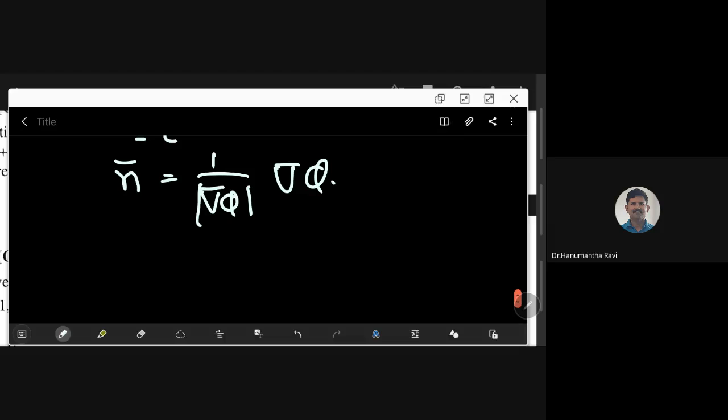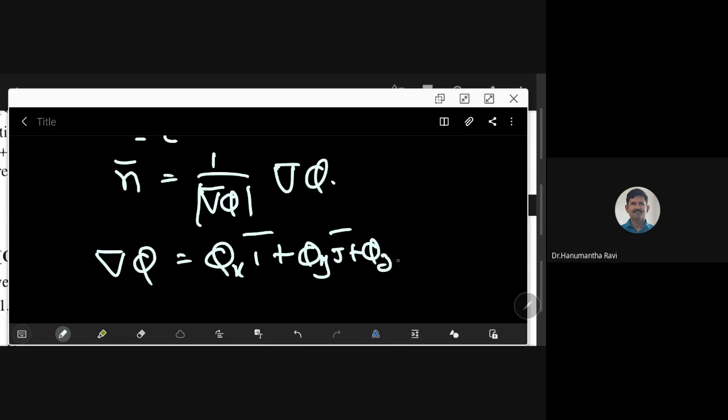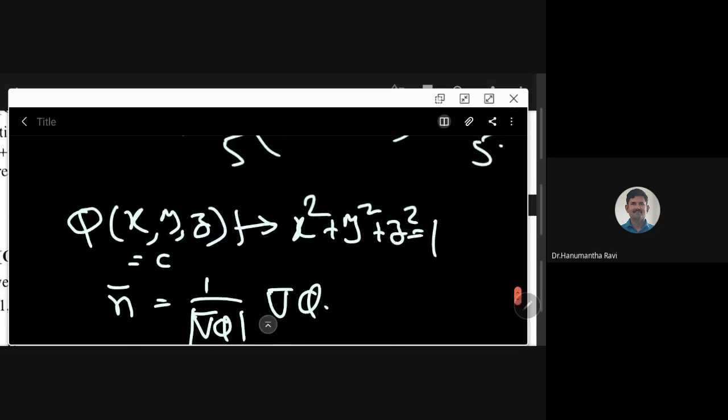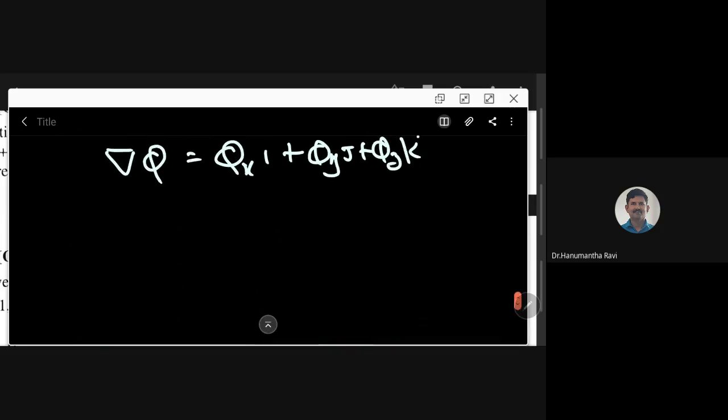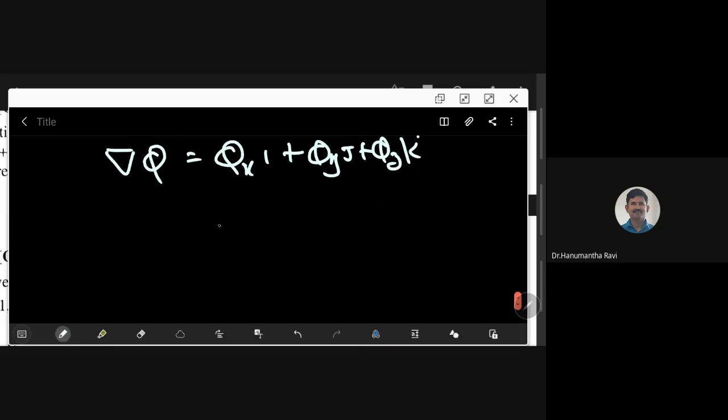Grad phi is phi x i bar plus phi y j bar plus phi z k bar. What is phi x here? Dou phi by dou x is 2x, dou phi by dou y is 2y, dou phi by dou z is 2z. So this is equal to 2x i bar plus 2y j bar plus 2z k bar.